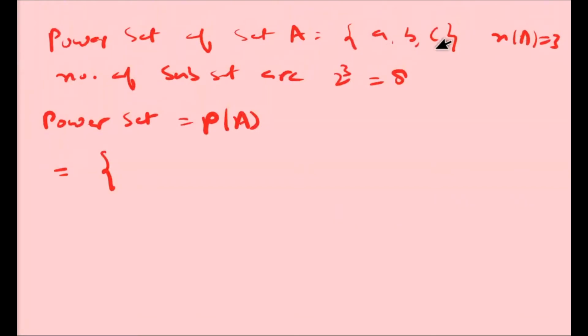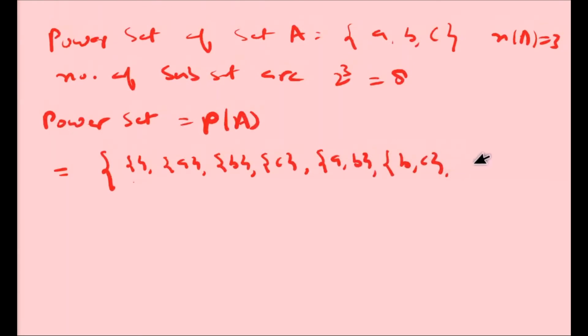So what are the subsets of this? One is empty, one is {A}. If you want to select one member, as in the previous example, use curly brackets. Okay, these are the subsets of this one. And if two members are there, {A, B}, {B, C}, and {C, A}, and the last one is {A, B, C}.